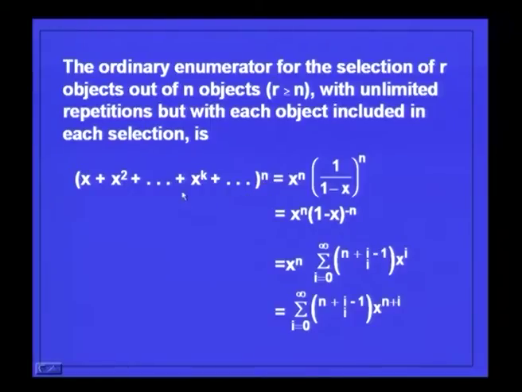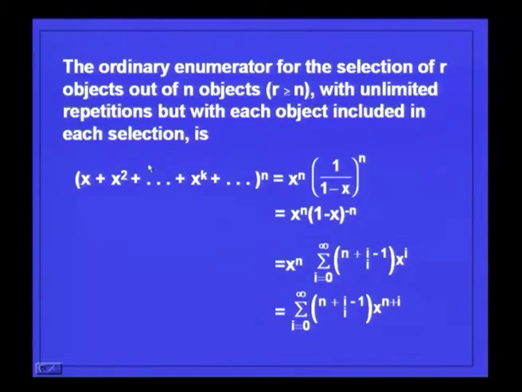For each object, the possibility is it can be selected once, twice, etc. Please note that the constant term 1 which was there in the earlier case is not here, because you have to select each object at least once.